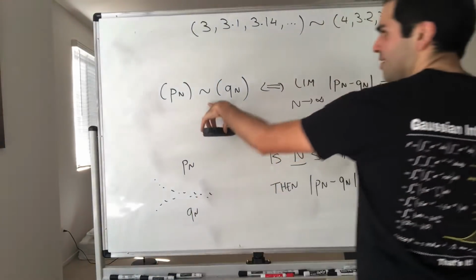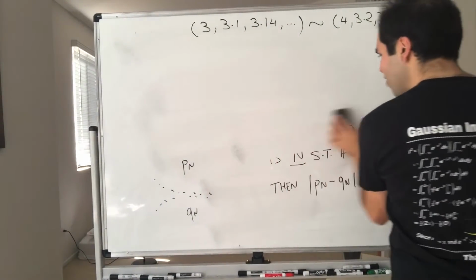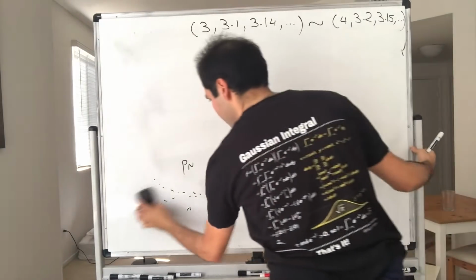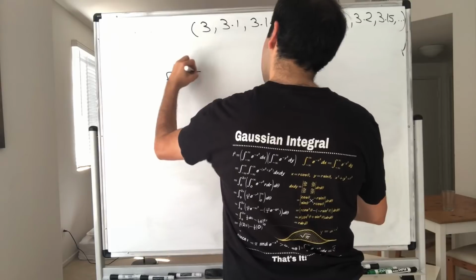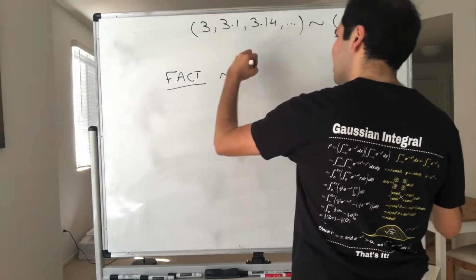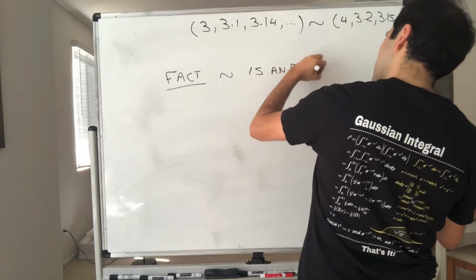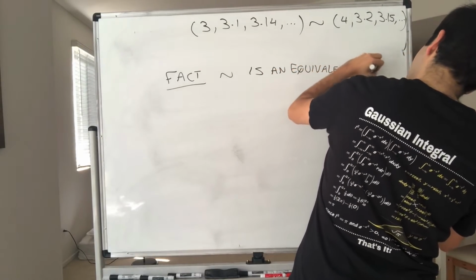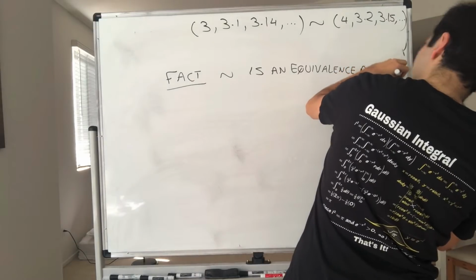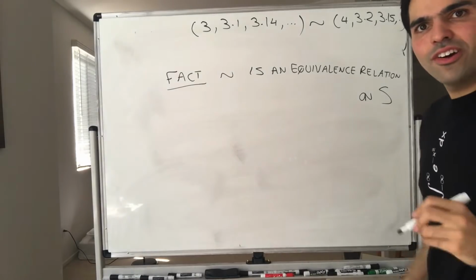And why do I write equivalent? Because first of all, this is an equivalence relation. In fact, squiggle is an equivalence relation on S. And this is not very hard to show.